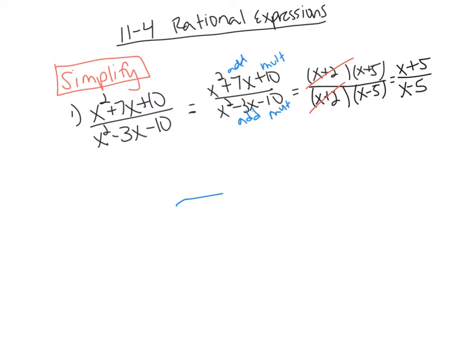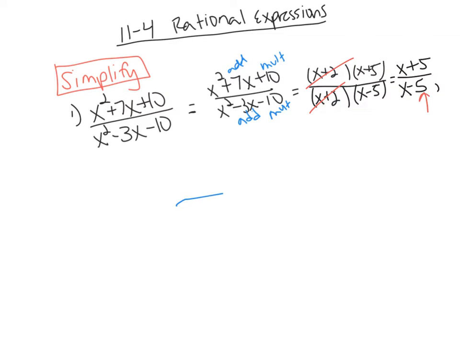But with rational expressions, we do have to tack something onto our answer. When I simplify this original rational expression, yes, it's going to simplify to x plus 5 over x minus 5. But expressions with fractions are special, as in the denominator can never, ever be 0.